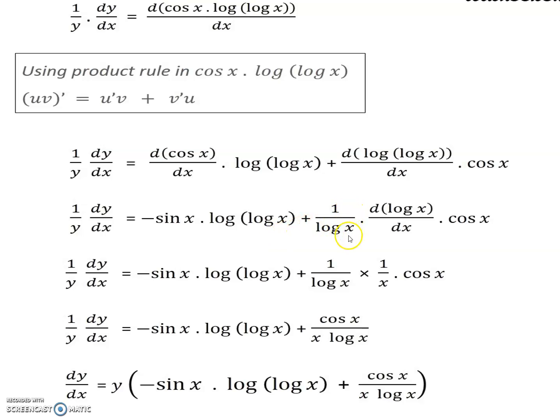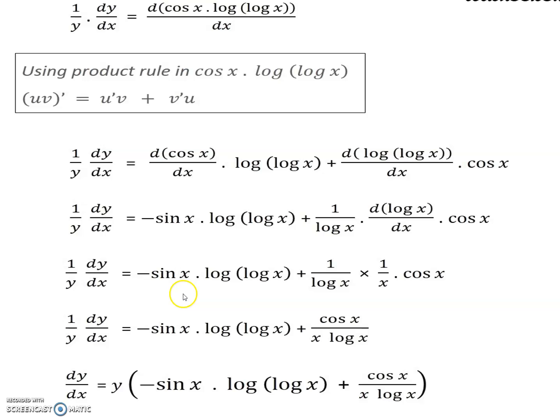Then 1 upon log x, how is it possible? Yes, we know that the derivative of log of f of x is 1 upon f of x into the derivative of f of x. So 1 upon log x into the derivative of log x, and cos x remains the same.